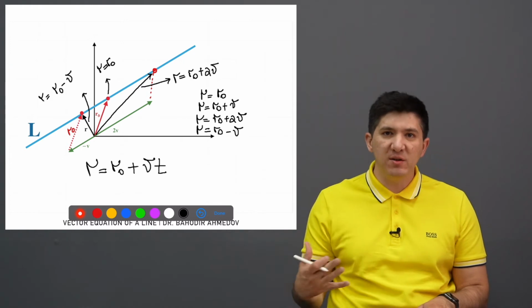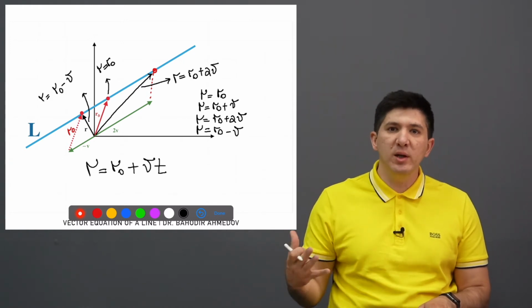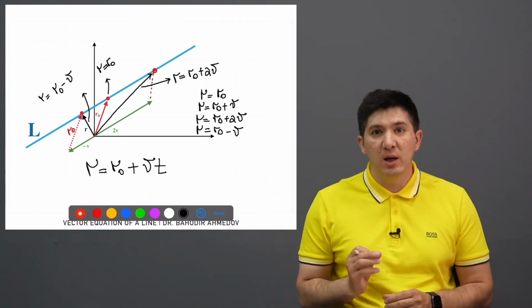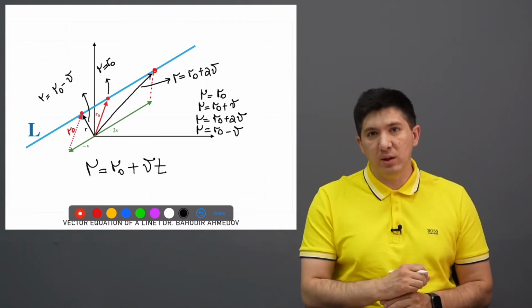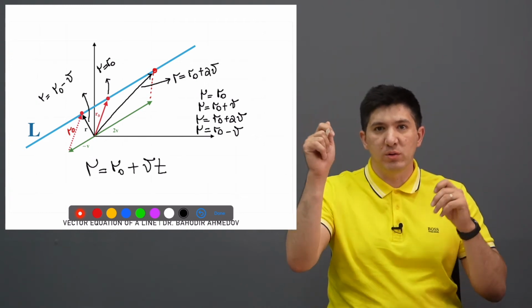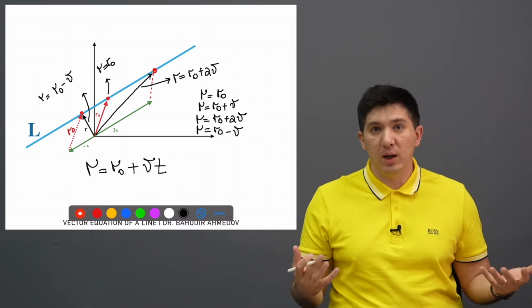By just changing the values of the parameter, we can reach different points along the line. So this is the point of creating the equations: we need equations in order to reach the different points along the lines.